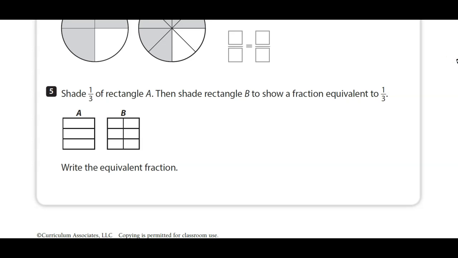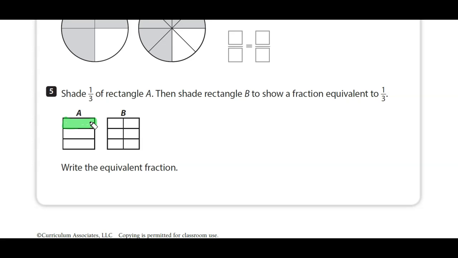It says shade 1/3 of rectangle A. So if I'm going to shade 1/3, how many am I shading in? Just one section, right? Then it says shade rectangle B to show a fraction equivalent to 1/3.